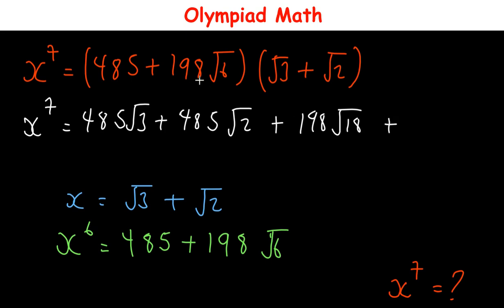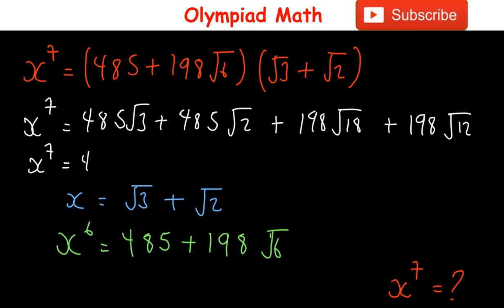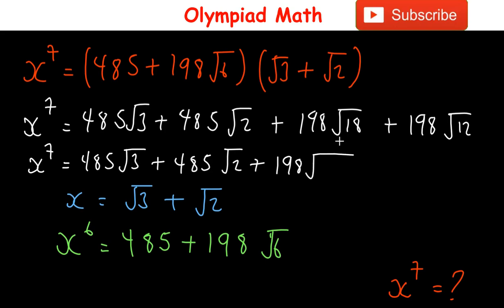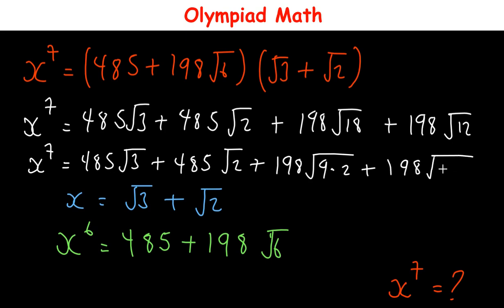Then plus 198 root 6 times root 2 is 198 root 12, which is root 4 times 3. So x raised to power 7 equals 485 times root 3 plus 485 times root 2 plus 198 times root 18, which is 9 times 2, plus 198 times root 12, which is 4 times 3.